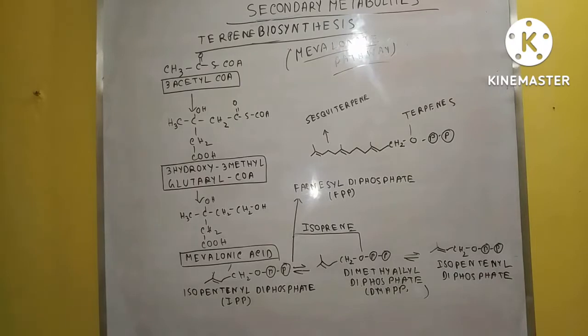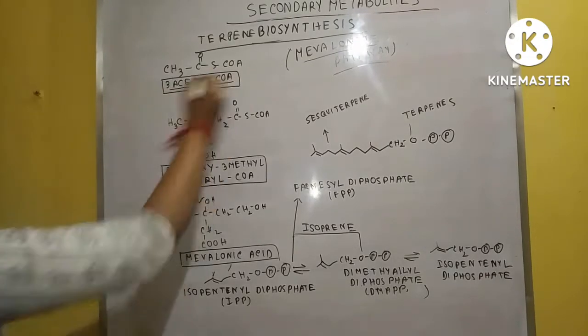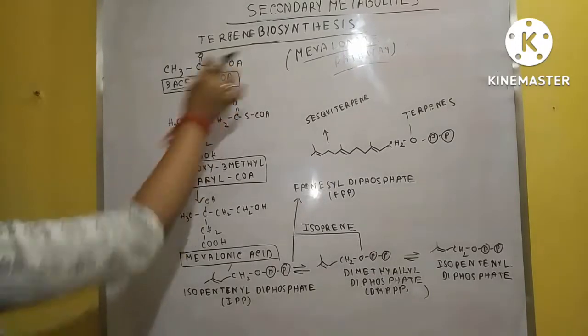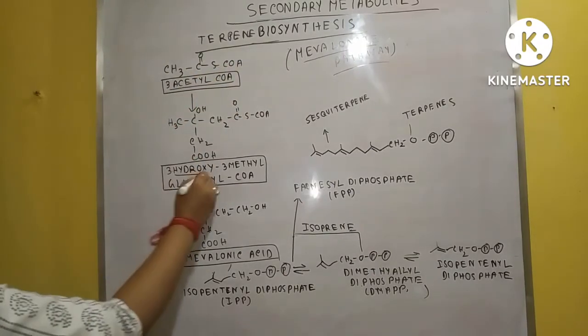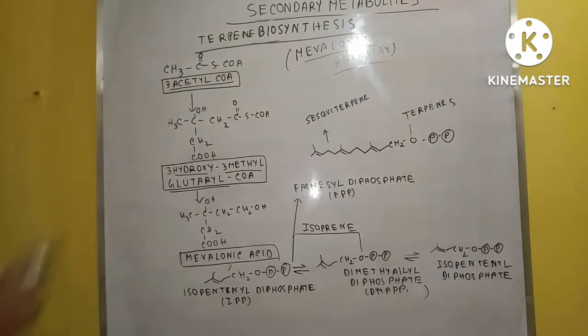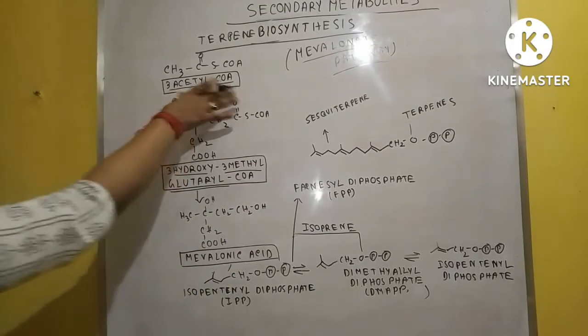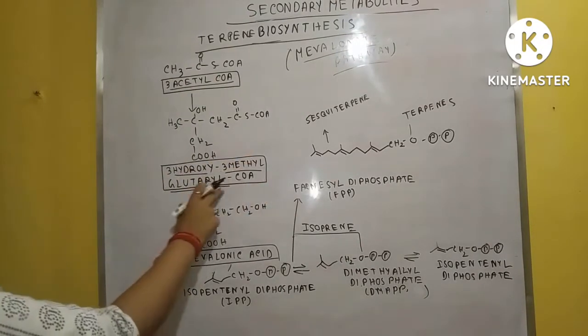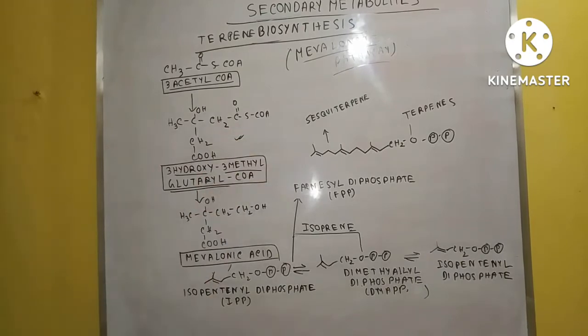Here what will happen, the 3-acetyl CoA produces the 3-hydroxy-3-methyl-glutaryl CoA. So from the acetyl CoA, 3-hydroxy-3-methyl-glutaryl CoA is formed. That is one.